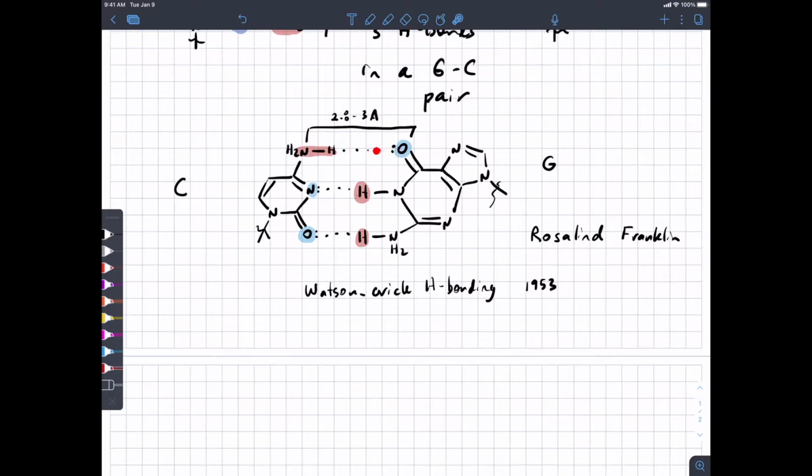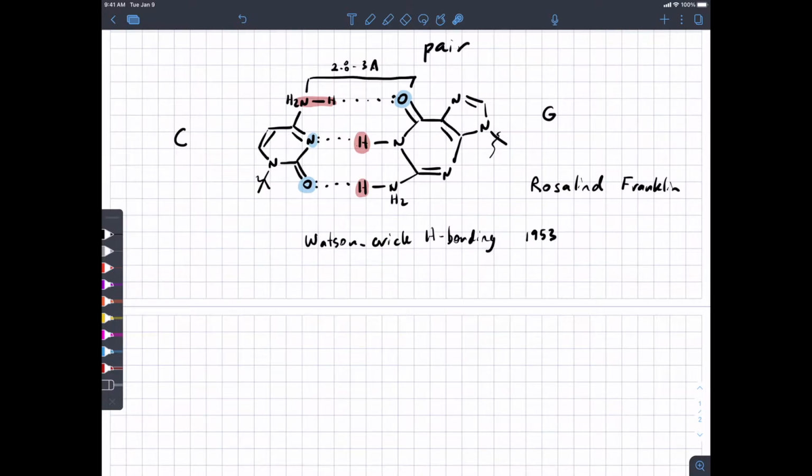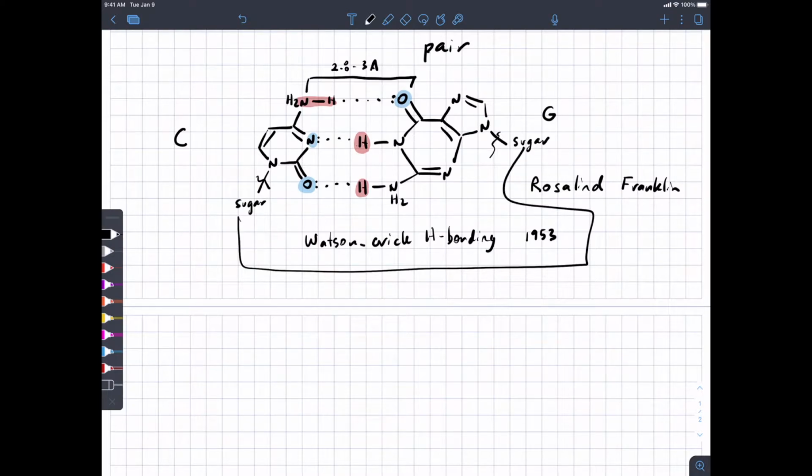And that's actually a little bit lower than the van der Waals radii of each of these atoms, the oxygen, the hydrogen, and the nitrogen, respectively, and that's sort of how you can tell it's a hydrogen bond. And then from sugar over here to sugar over here, there is about 10.6 angstroms from here to here.